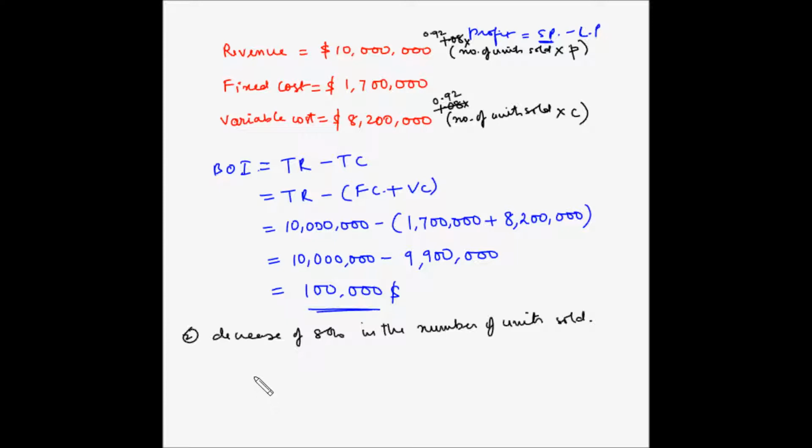So now let's find out the new budgeted operating income. BOI 2 is equal to, again the formula remains the same. The revenue is now 0.92 multiplied by 10 million, minus the fixed cost, which is 1.7 million, plus the variable cost, which is now 0.92 multiplied by 8.2 million.